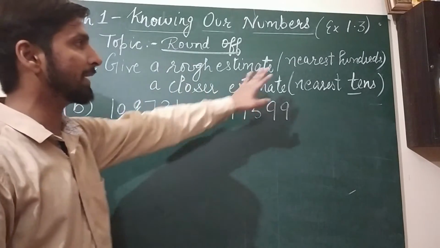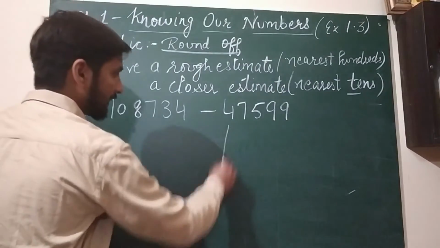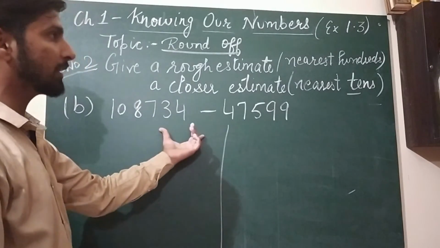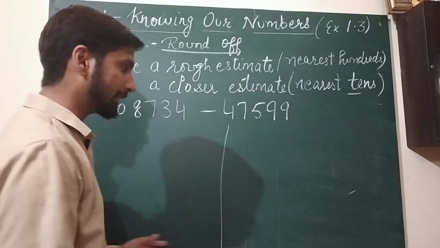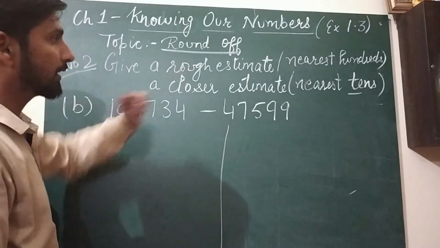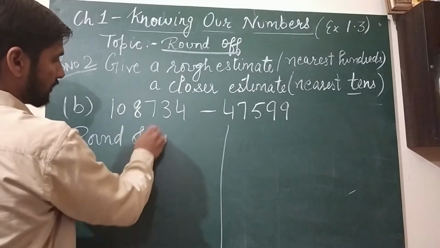So for rough estimate, I am rounding off to nearest 100. This question is divided into two parts. Firstly, I round off these two numbers to nearest hundreds, then to nearest tens.